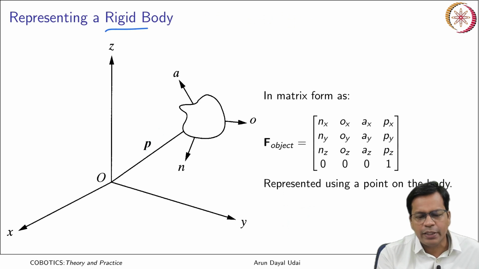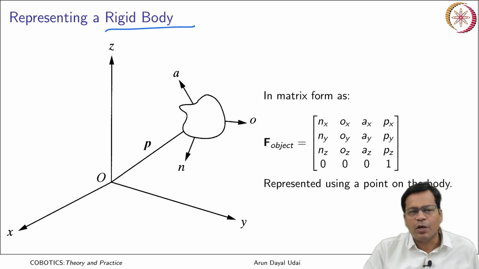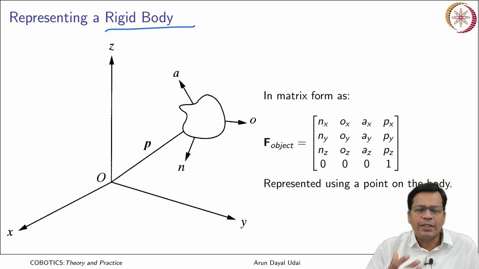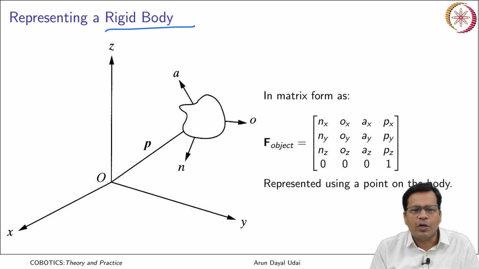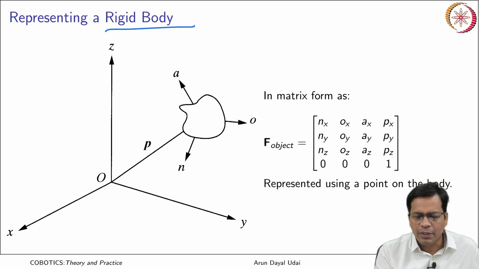Representing a rigid body would now require the frame to be put on a rigid body. A frame once put on the body is enough to define the position and orientation of the whole rigid body. That means if you define the location and orientation of the frame, you have fully defined the rigid body also, because this body is not deformable. So you see the object frame F now becomes the same as the frame's location.